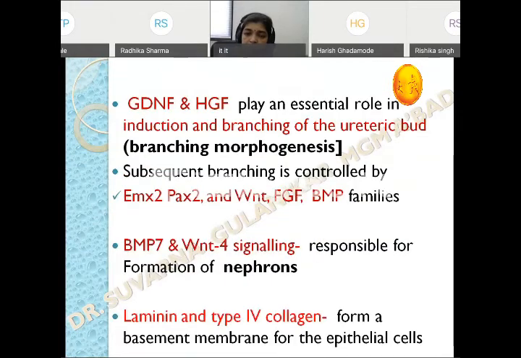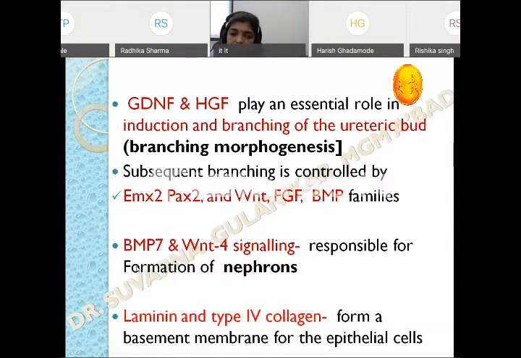To summarize, GDNF and HGF help in the induction of the ureteric bud, and the start of branching of the ureteric bud is called branching morphogenesis. Subsequent branching is controlled by EMX2, PAX2, WNT, FGF, and BMP family. So you can take a screenshot to revise it again.